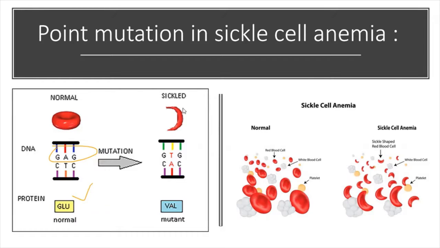Sickle cell anemia is named because of its sickle-like shape, and there is a change of A to T, and in its complementary there will be A, so the new codon will be CAC, which will form valine, the mutant state, and there will be a deficiency of oxygen. If we see the patient's blood, the red blood cells will be in this sickle cell shape.